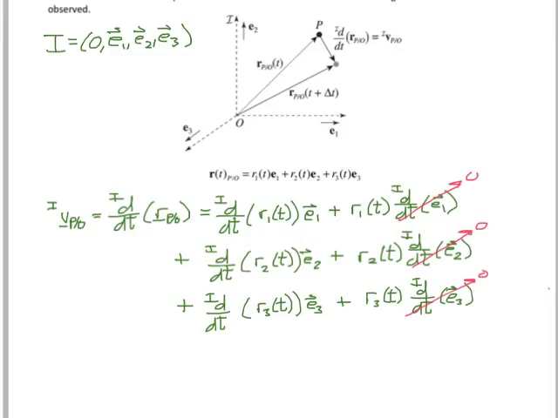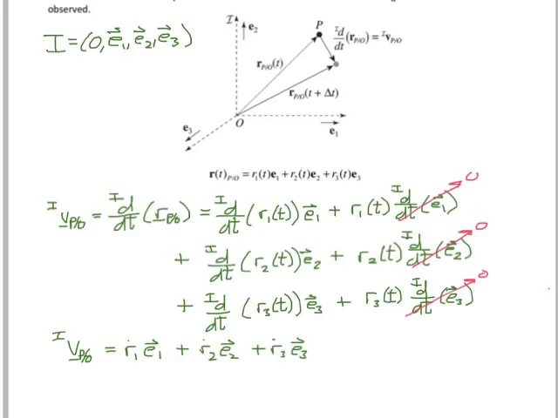And so then we see that the velocity of p with respect to O as observed in the inertial reference frame is equal to r dot 1 in the e1 direction plus r dot 2 in the e2 direction plus r dot 3 in the e3 direction.